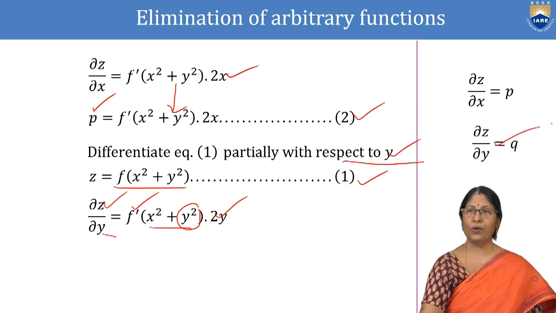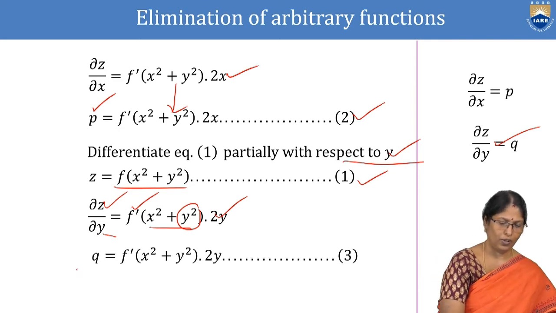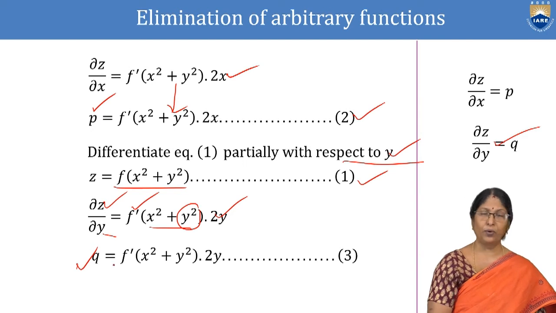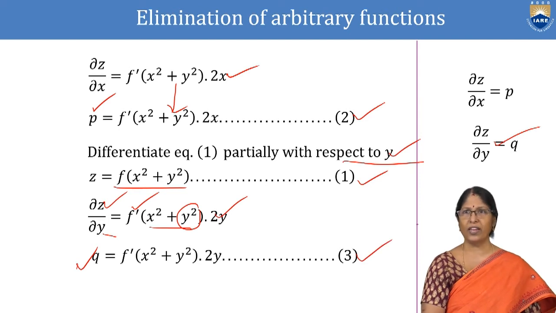So dou z by dou y is represented as q. So q equals f dash of x square plus y square into 2y, and this equation is named equation 3.